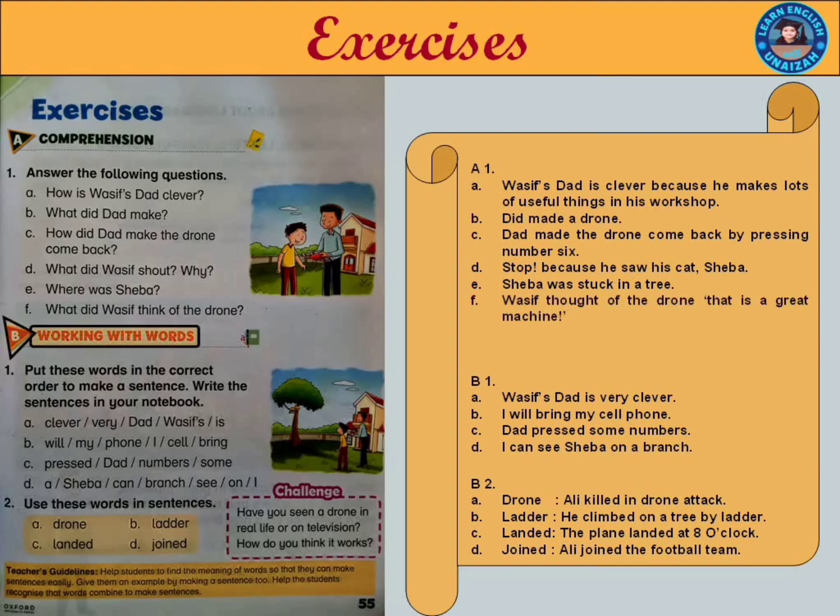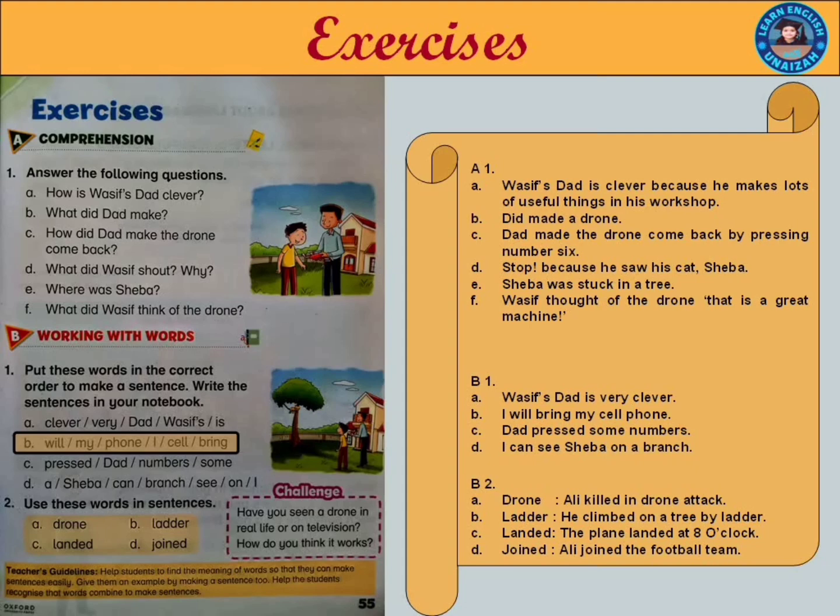B. Working with words. 1. Put these words in the correct order to make a sentence. Write the sentences in your notebook. Clever, very, dad, Wasif's is. Wasif's dad is very clever.